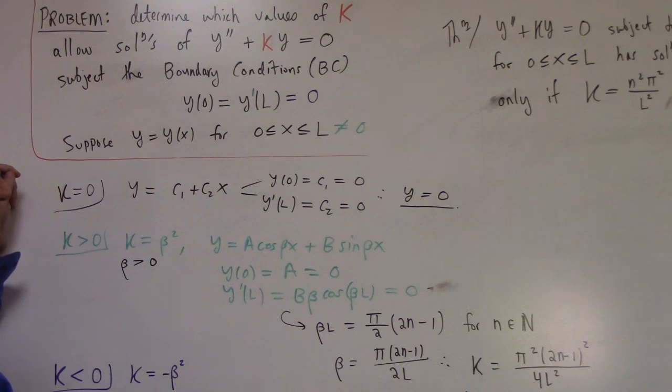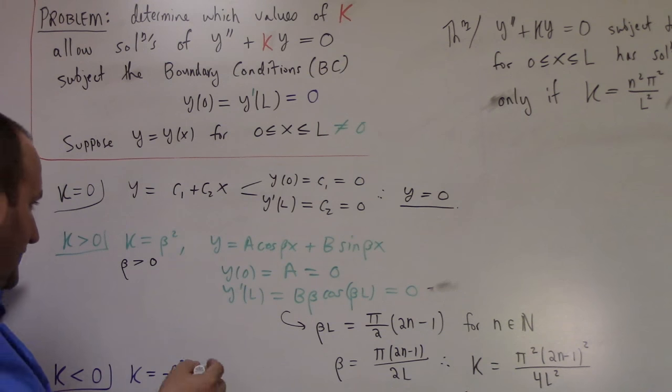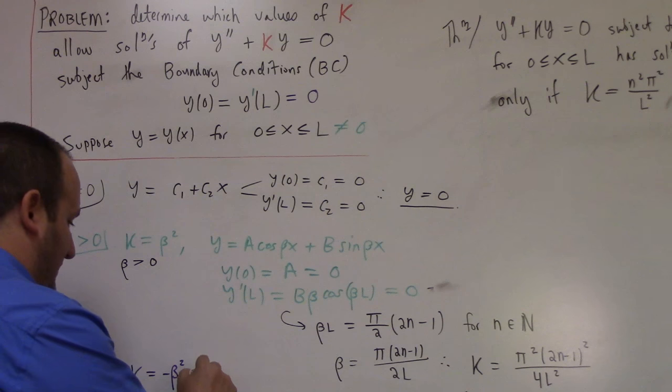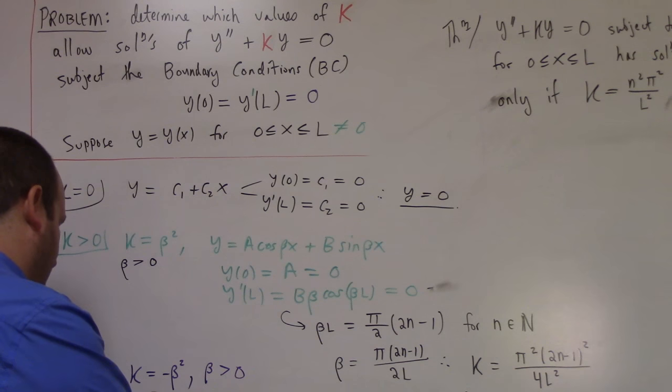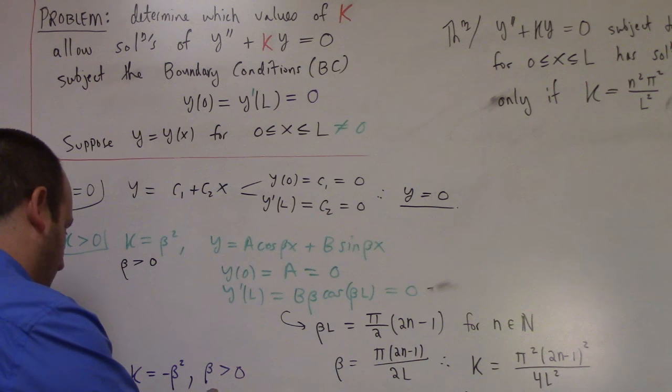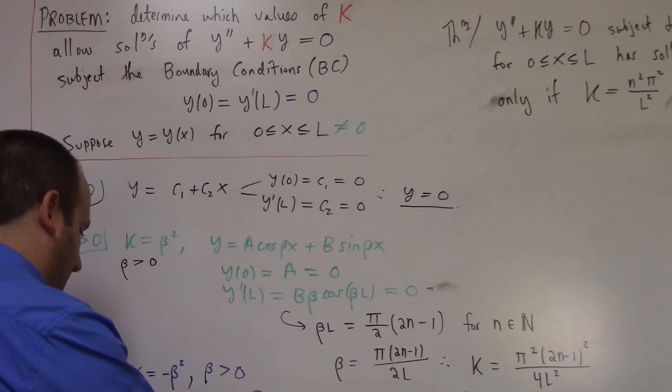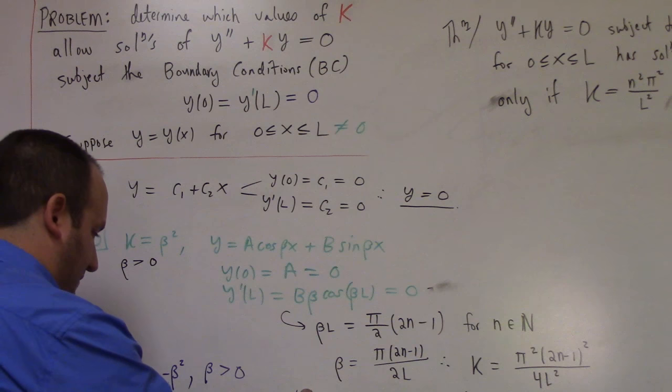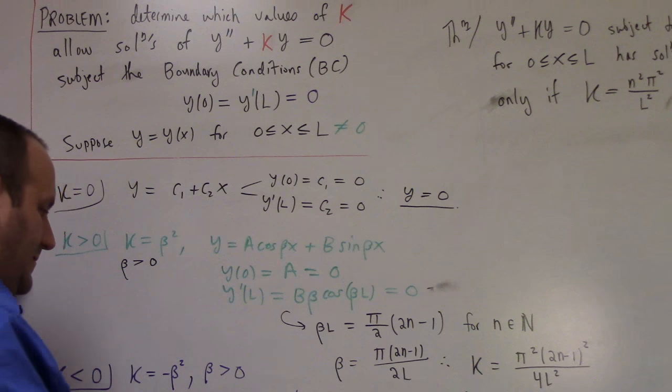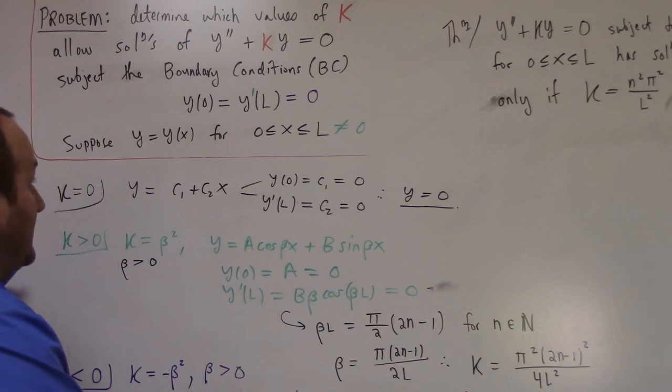So k equals minus beta squared, with beta positive of course. This gives us y is equal to a cosh beta x plus b sinh beta x. Alright, so y of 0 is 0.